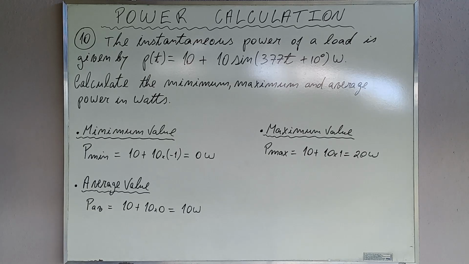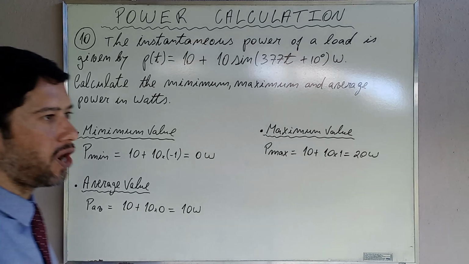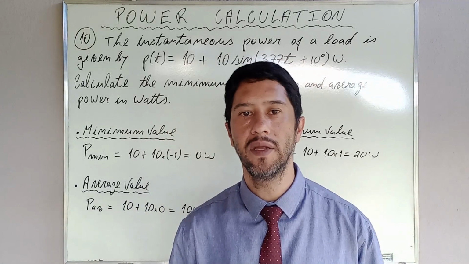This is a very simple exercise just to discuss the minimum, the average, and the maximum values of the instantaneous power. And this is all for exercise number 10.